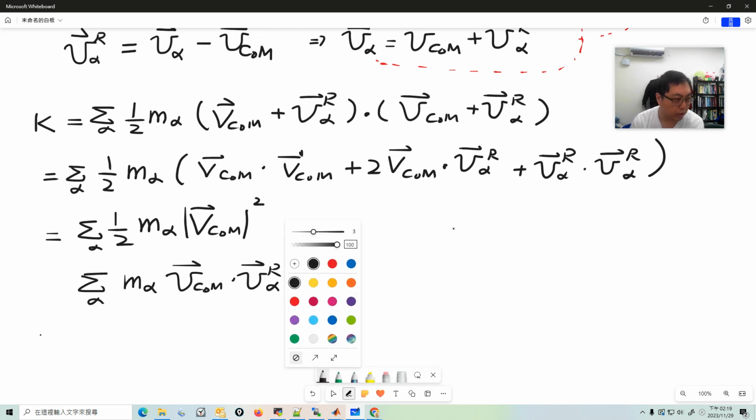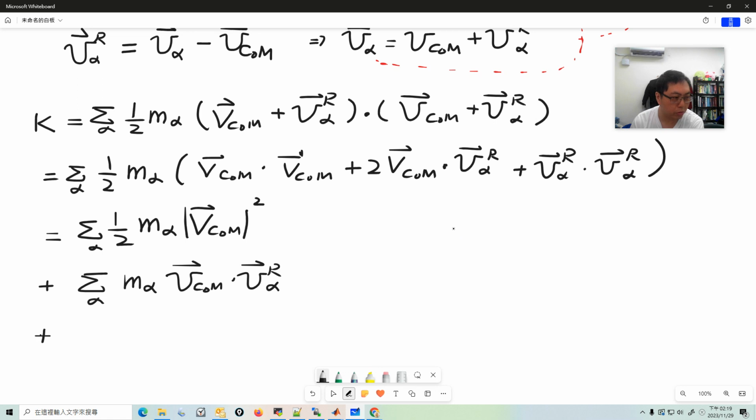What's the last term? Summation alpha, 1 over 2 m alpha. It's the same, the vector doing the dot product to itself becomes the magnitude square. So it's V_alpha R vector square.